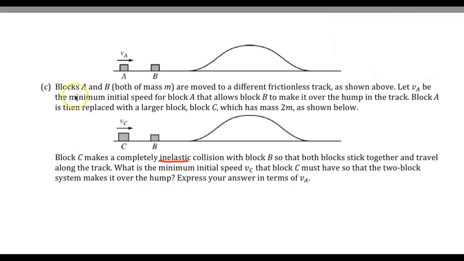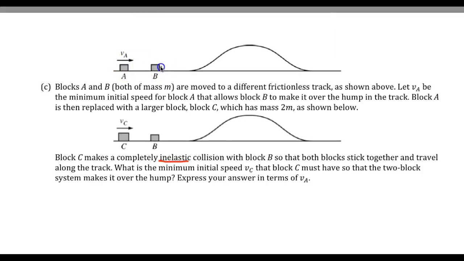Interesting. Okay, so let's look at this here. Here we know we have m VA. We know that B is moving at VA to get over the hump, right?